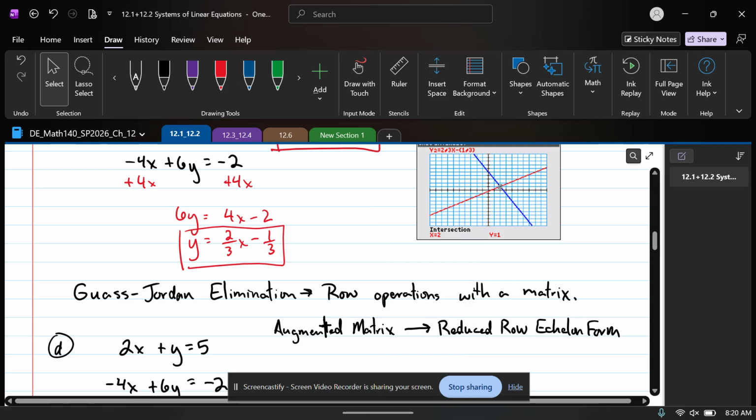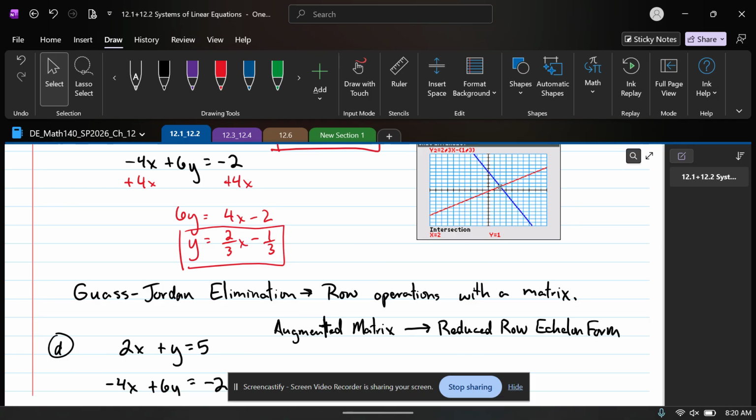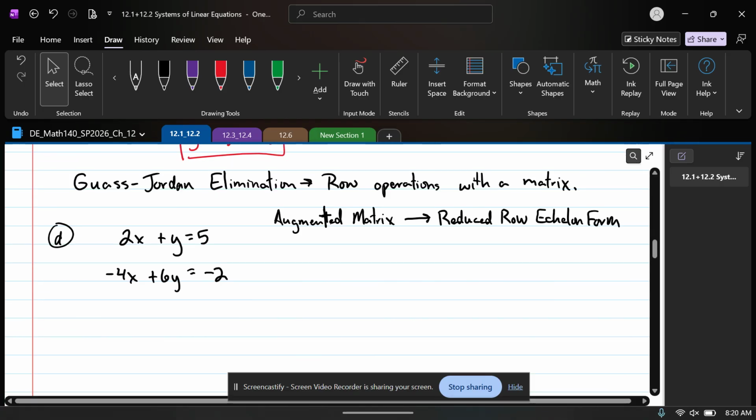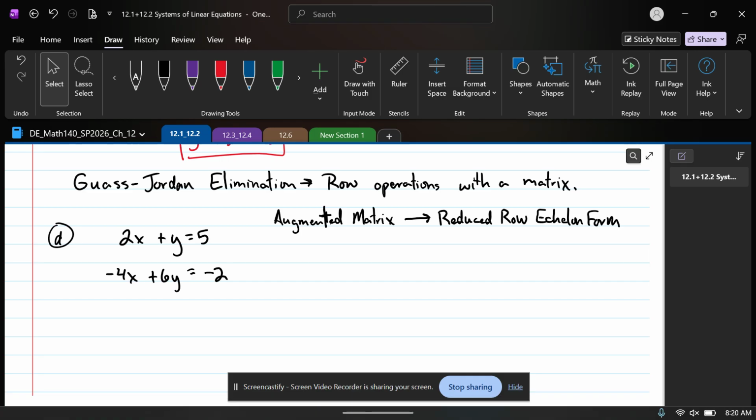Okay? And then what typically tends to be the favorite method of most students is the last one we'll talk about here, which is Gauss-Jordan elimination, or using a matrix to solve. So we're going to take that system and create an augmented matrix.